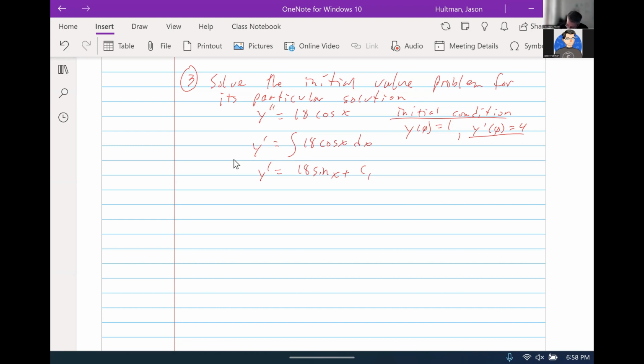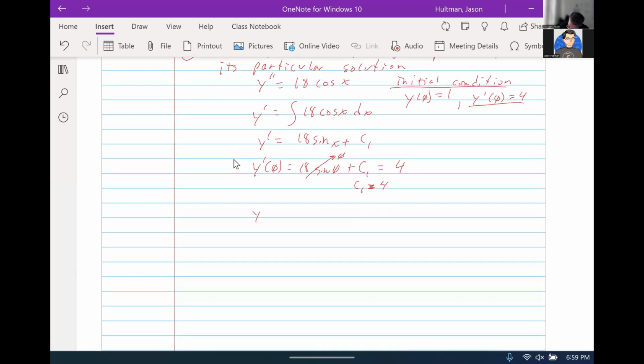If we do y prime of 0 is equal to 18 sine of 0 plus c1, that's got to be equal to 4, right? But sine of 0 is just 0. And so this thing goes to 0, so c1 is equal to 4. Okay, so we get y prime is equal to 18 sine x plus 4.